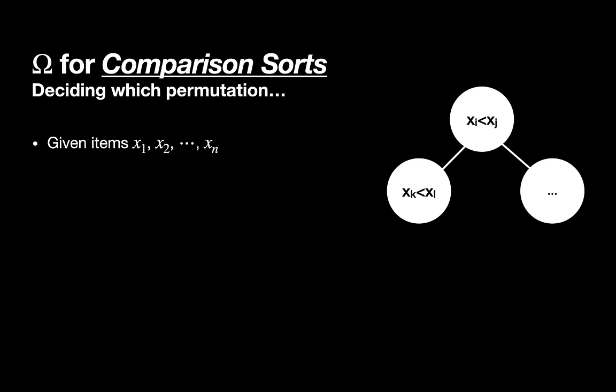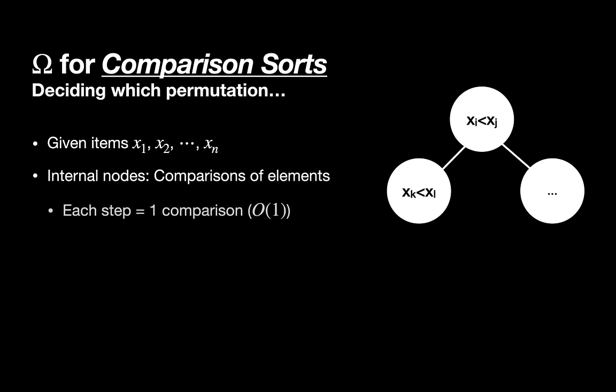So in this tree representation, internal nodes represent comparisons between individual elements. So each step through this tree basically corresponds to one comparison. And just like we've done all semester, we're going to assume that a comparison is a constant time operation. So that kind of represents the idea of time.